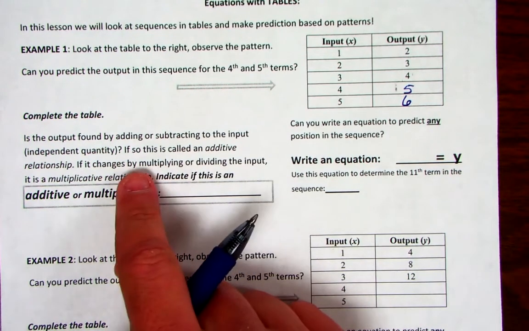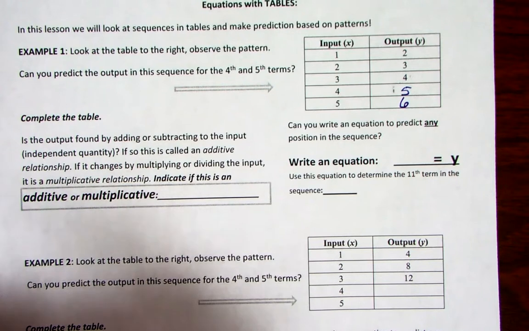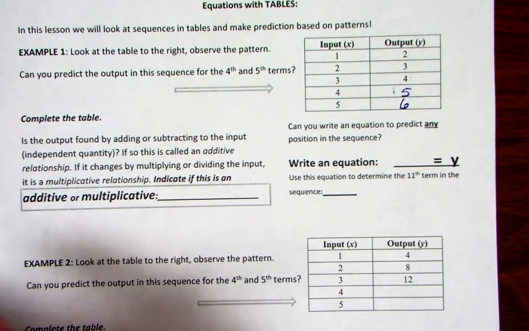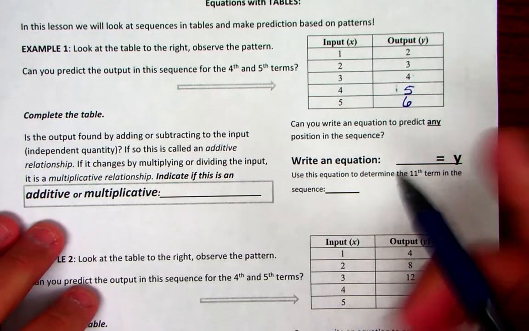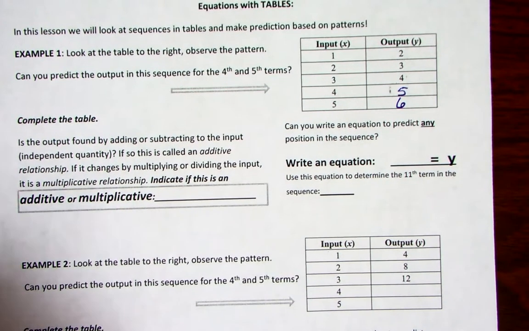Now, you're going to figure out today if our graph is either additive or multiplicative. If it is additive, it means that to go from your x to your y, your equation will be adding or subtracting.